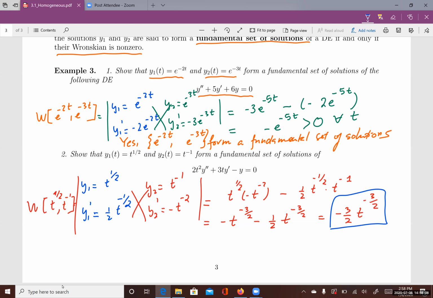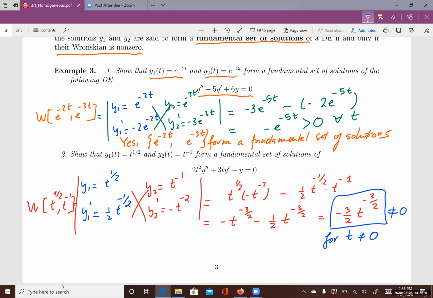So this function is discontinuous at t equals 0, but other than that, it is defined everywhere and it is not 0 everywhere. So this is not 0 for t not equal to 0. When the function is defined, this power function will not equal 0. So what does it mean?